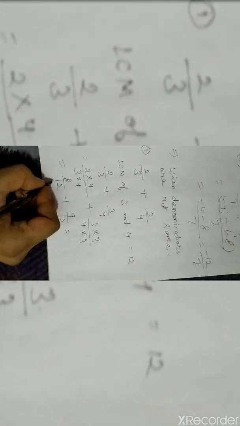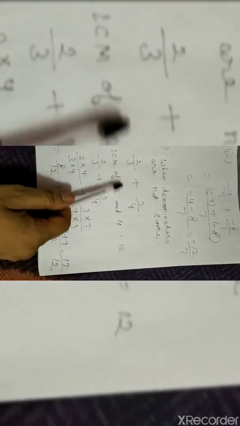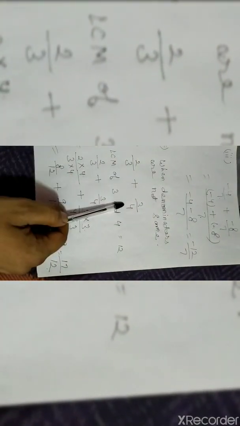Now add the numerators because the denominator is same: 8 plus 9 by 12 means 17 by 12. This is the answer.